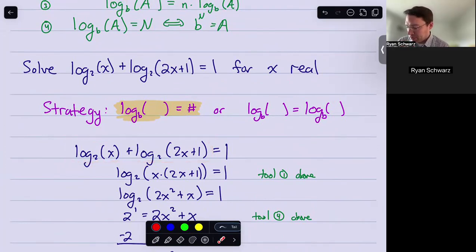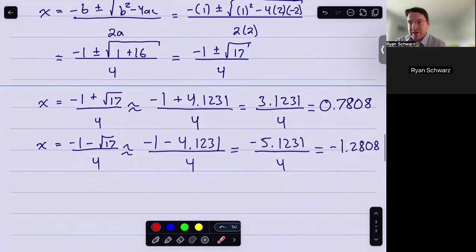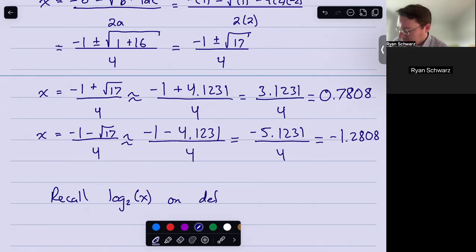So if we remember back to the definition of logarithms, the graph of a logarithm is actually only existing when you plug in positive values into the logarithm. So let's recall that log base b, or log base 2, let's stick with log base 2 of x, is only defined when x is bigger than 0.